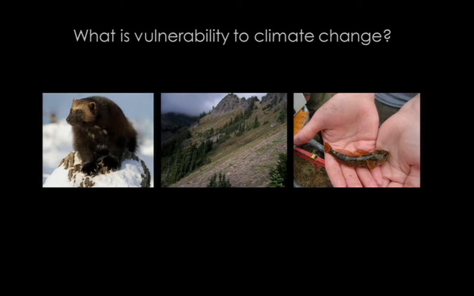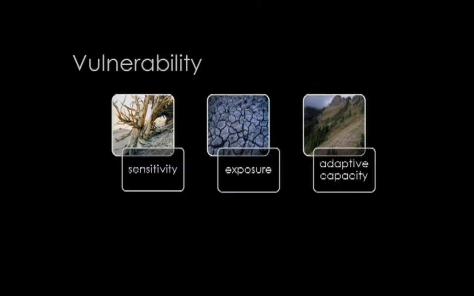And generally, vulnerability is composed of three general components. We've got sensitivity, and I'm defining sensitivity here as the inherent sensitivity of a species or a system, whichever it is that you're looking at or trying to assess or quantify.